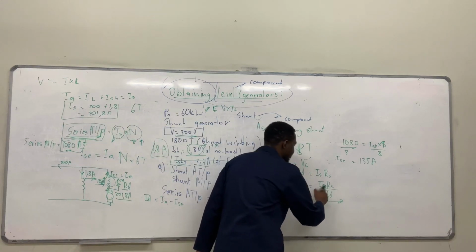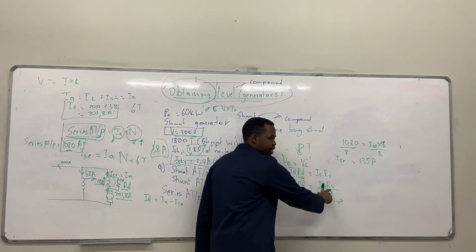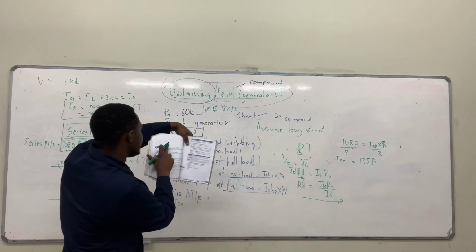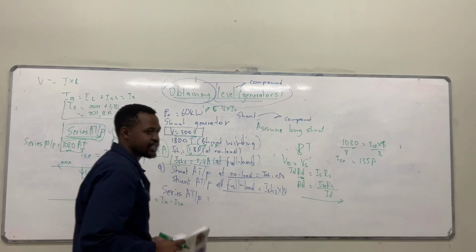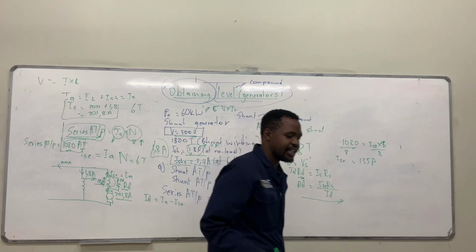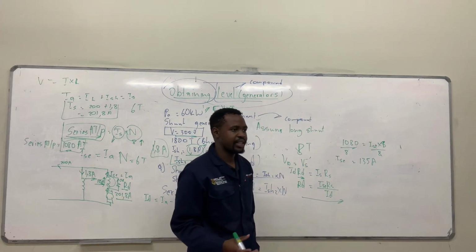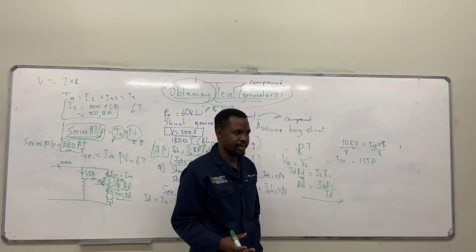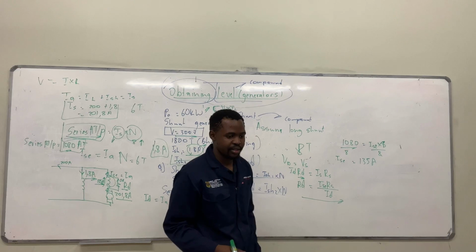I series is 135, then the resistance of the series field winding, then ID which we calculated. Then you get the whole resistance that you would add in parallel to obtain the level compound. Okay.